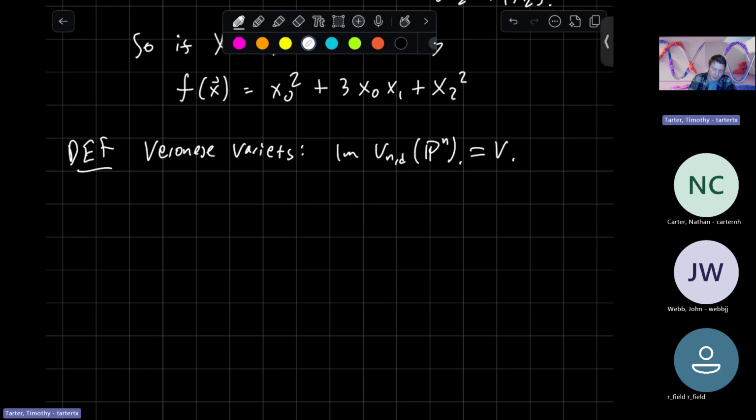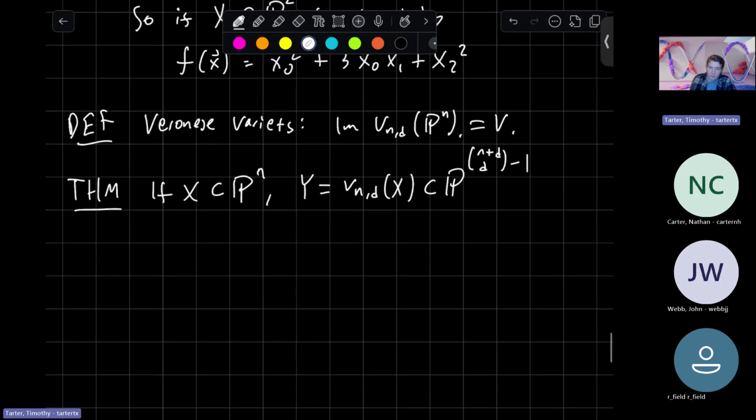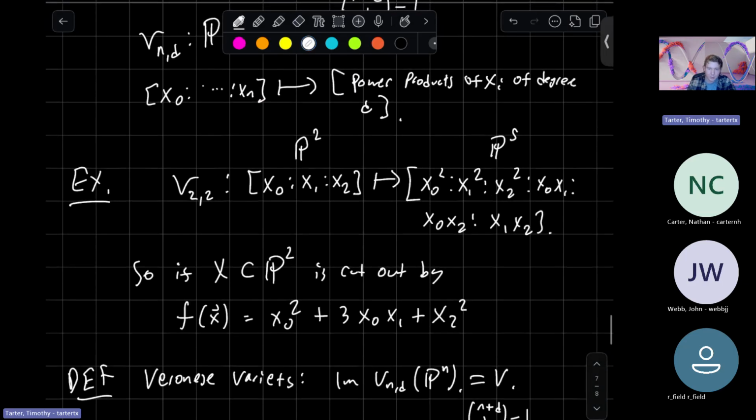Okay, other theorems about Veronese maps. This is worth writing down. If X in Pn is a projective variety, and if Y is the Veronese image of X in P^(n+d choose d minus 1), which is a projective variety, then X is isomorphic as a variety to Y. This is kind of clear from our example here.